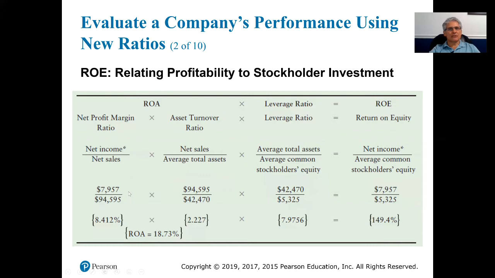Plug in some numbers to see how this works. In the examples here, we have net income of $7,957. They're probably in millions or billions or whatever it is, but $7,957 net income divided by net sales of $94,595.